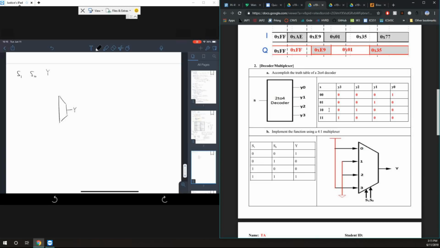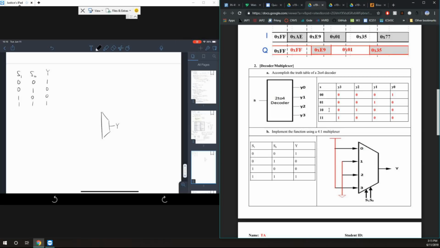Y is our output, and this is 1, 0, 0. And then we say S0. Do you understand why those values in the B are the same? Wait, those are what they gave us. Never mind, that's super simple. 0, 1, 0, 1, and then 0, 0, 1, 1.